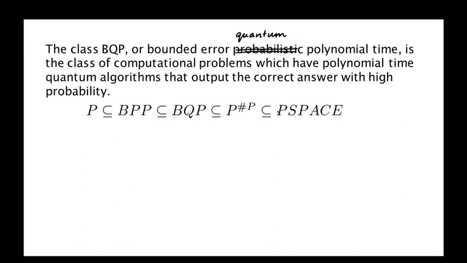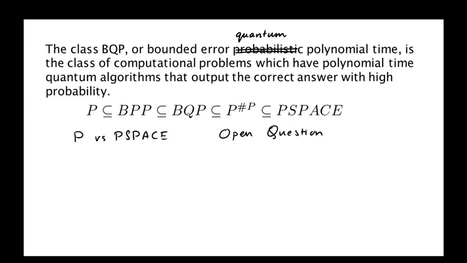Now the interesting thing here is that P versus PSPACE, whether or not P is equal to PSPACE, is one of the major open questions in complexity theory. We strongly believe that P is not equal to PSPACE, but we don't know for sure.